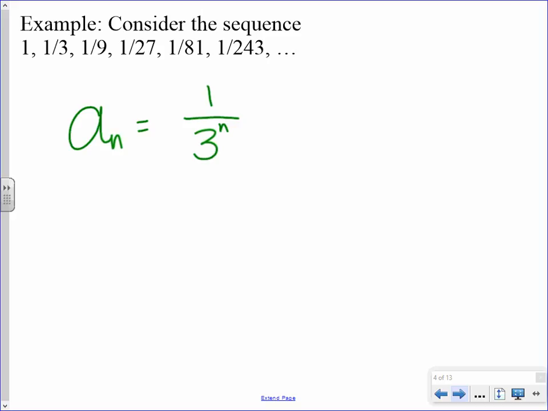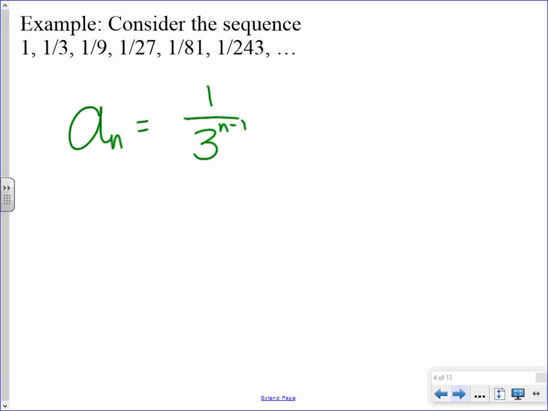If I plug in 1, we would start at 1/3. So let's change the exponent to n minus 1. That way when we plug in 1, we would start at 1. When we plug in 2, we have 1/3, etc. Does that work for you?